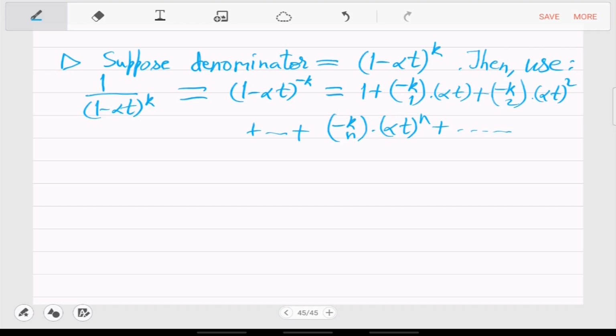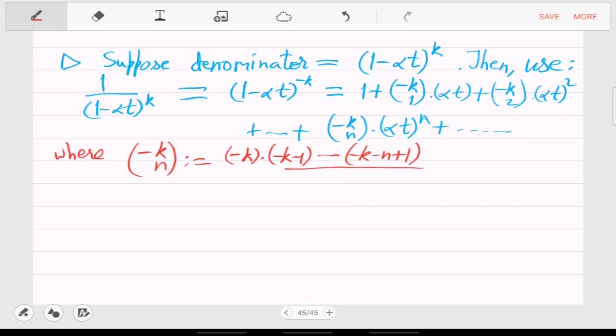Okay? And what is the meaning of minus k choose n? Where we are saying that minus k choose n stands for minus k, minus k minus 1, dot dot, minus k minus n plus 1, divided by n factorial, right, which is minus 1 to the n times n plus k minus 1 choose n.